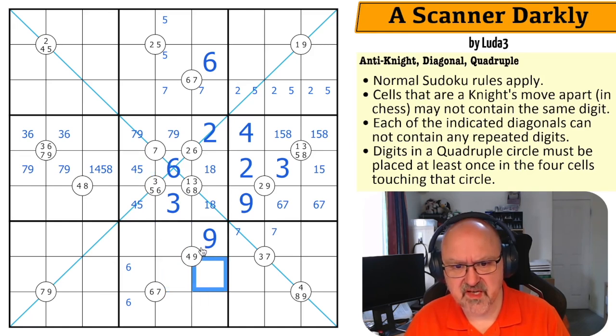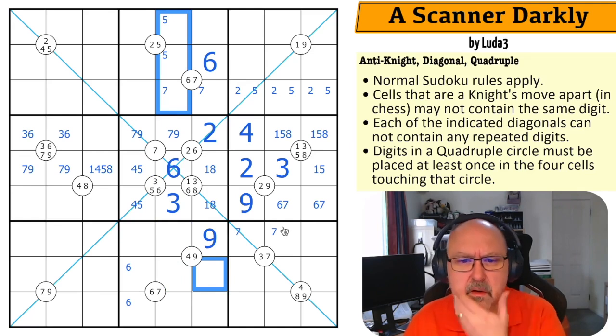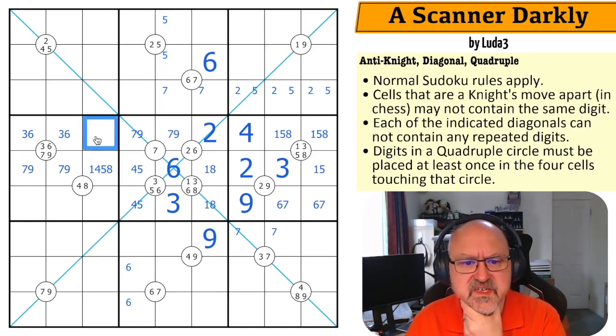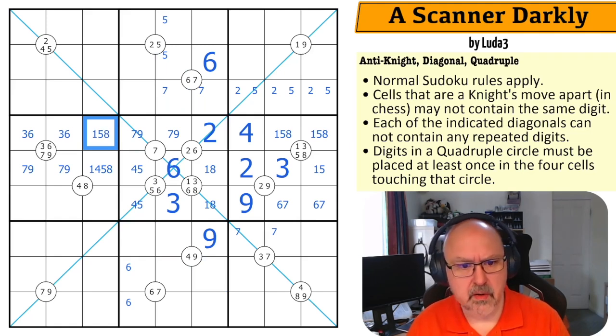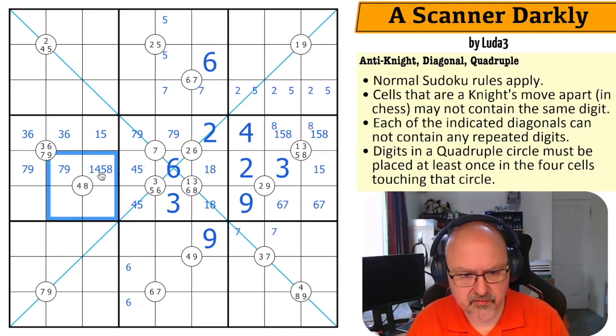If 4 is here, that just puts 4 up here somewhere. No. This is 1, 5, or 8 for the row. It's not 8, either for row logic or because of the quadruple. So this is 1 or 5.